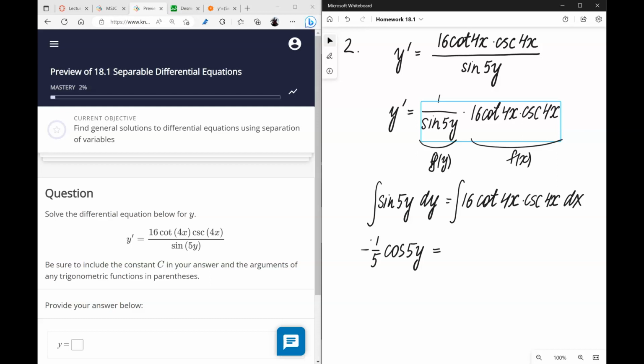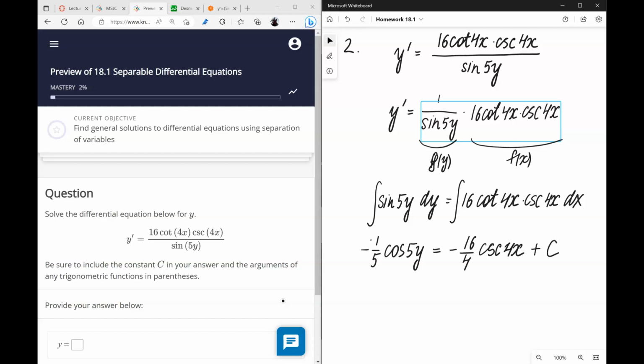And on the right side, I believe we're going to end up with negative 16 over 4 cosecant of 4x. And at some point we have to put plus c either on the left or on the right. Let's just stick it here on the right side.